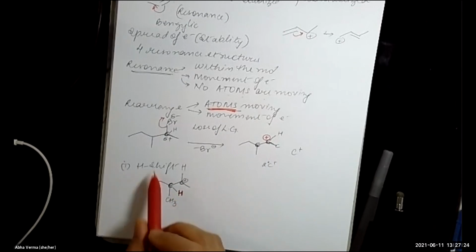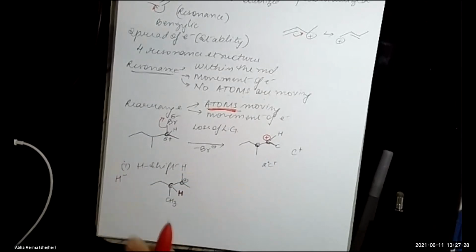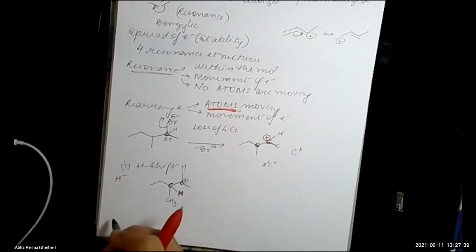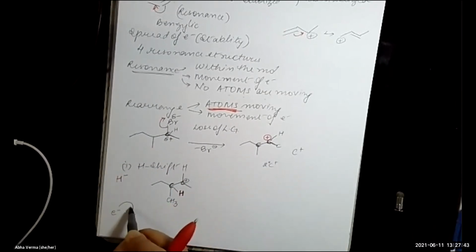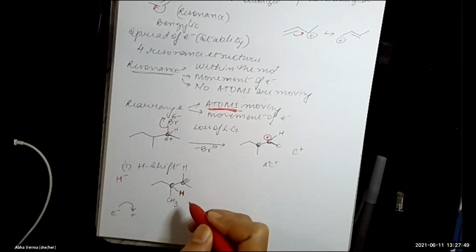When I say hydride shift, a hydride, an H negative, electron rich species will be moving. Remember, all our arrows are moving from electron rich to electron poor in a curved arrow, full complete arrows. So this is what we are going to see here.